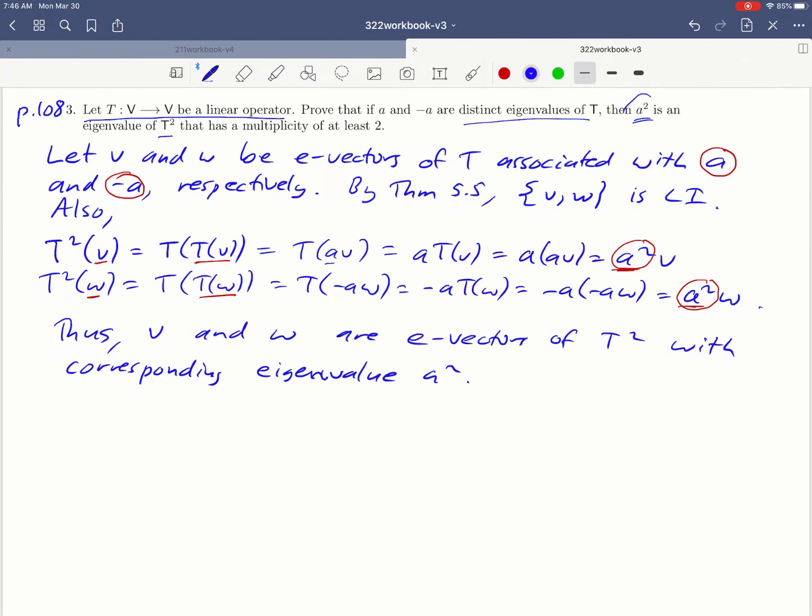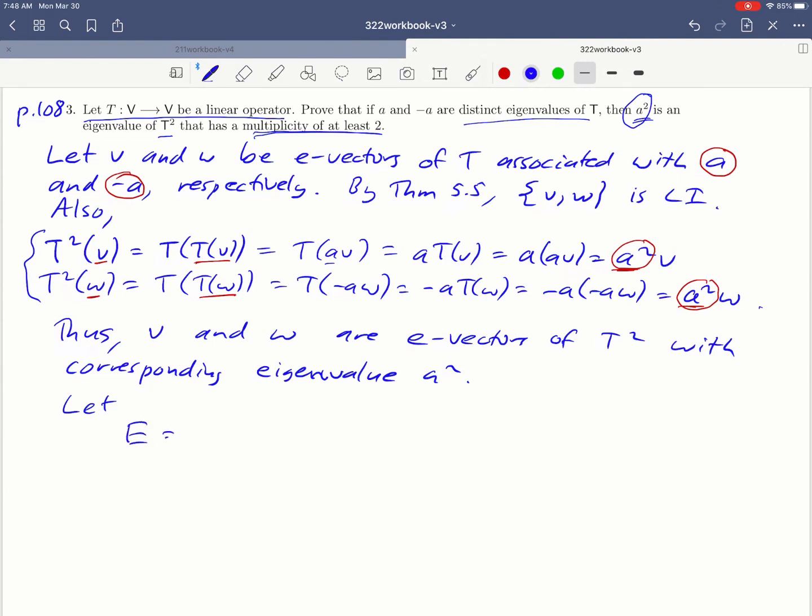Okay, so what was it that we wanted to prove again? We wanted to prove that a squared was an eigenvalue of T squared. We've done that. And that it has a multiplicity of at least 2, which means that we can find at least 2 eigenvectors associated with it. Well, we kind of did that too. We showed that v and w are both eigenvectors that go with that eigenvalue. So to finish this, let's see if we can support those conceptual arguments with the necessary theorems.